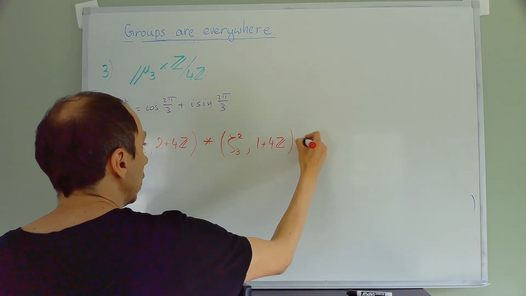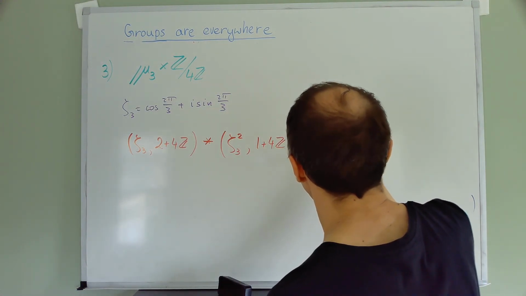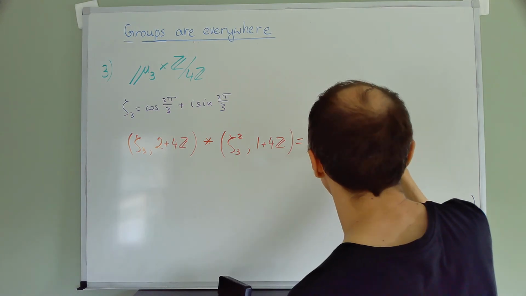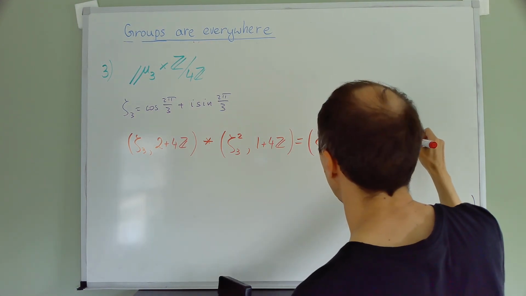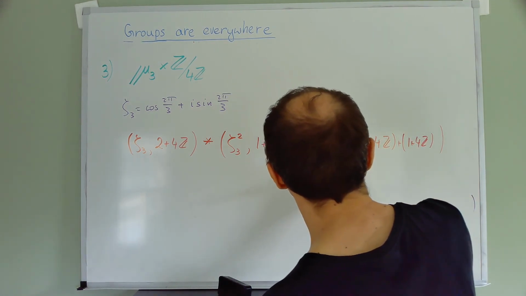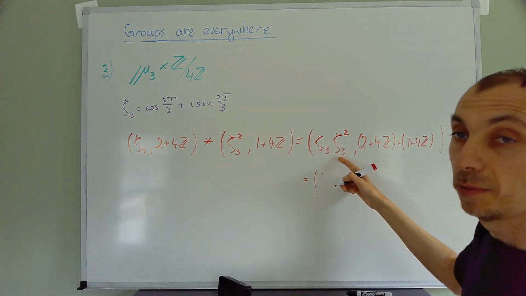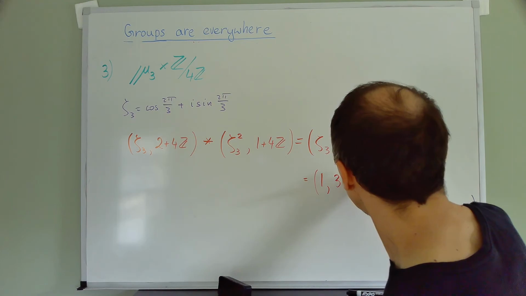What do you get? On the first coordinate you multiply, on the second coordinate you add. So you get zeta 3 times zeta 3 squared is zeta 3 cubed, so that's 1. And here I get 3 plus 4Z.